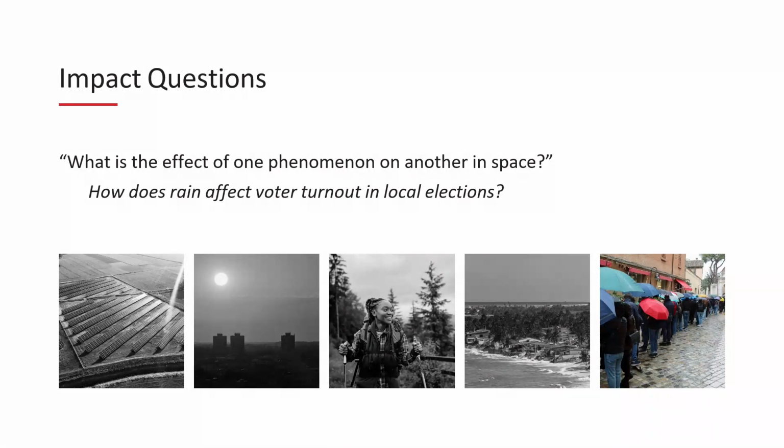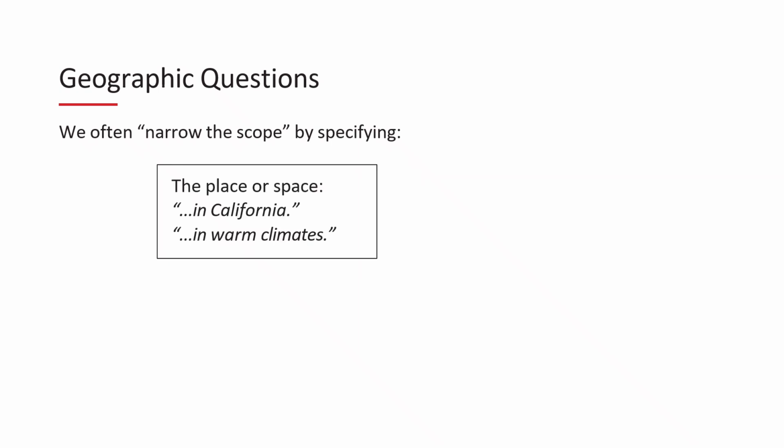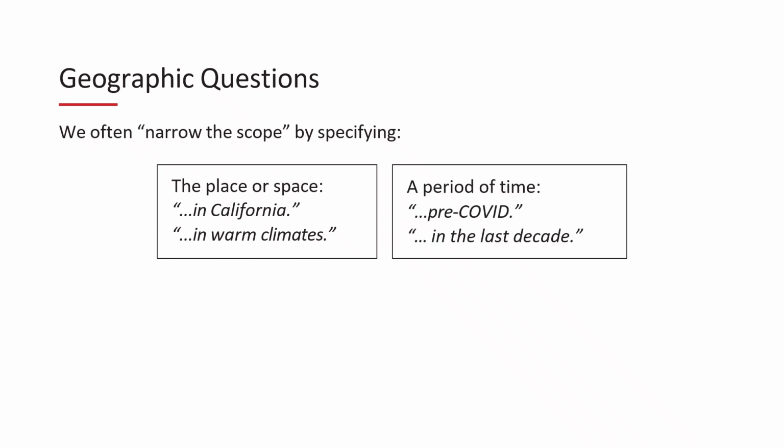In addition to the types of questions we can ask, geographers also often narrow the scope of their questions by providing additional context. Some common ways to narrow the scope are by specifying a place or space, like asking the question about California specifically, or about warm climates. We can specify a period of time, like pre-COVID or in the last decade.